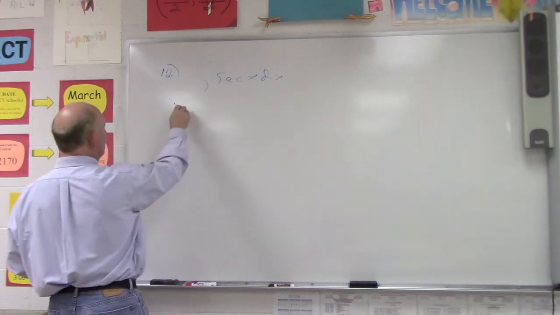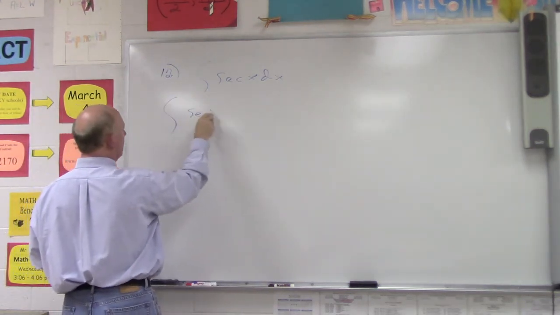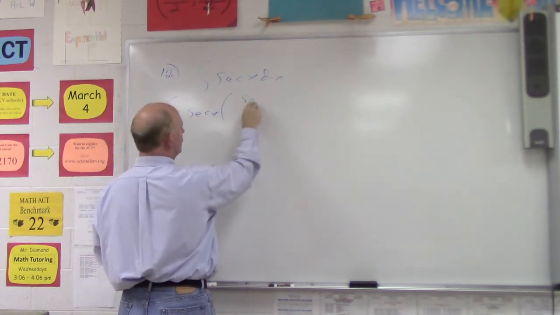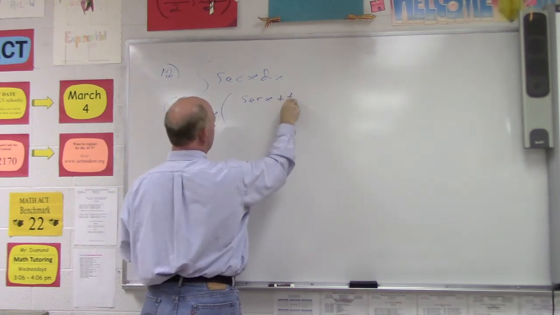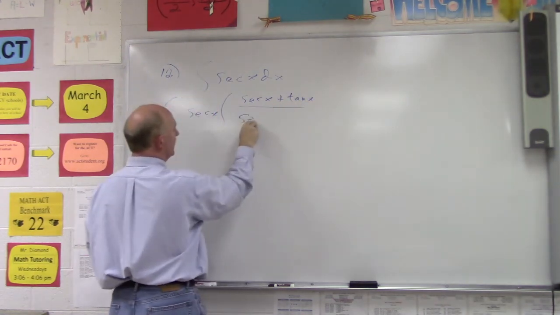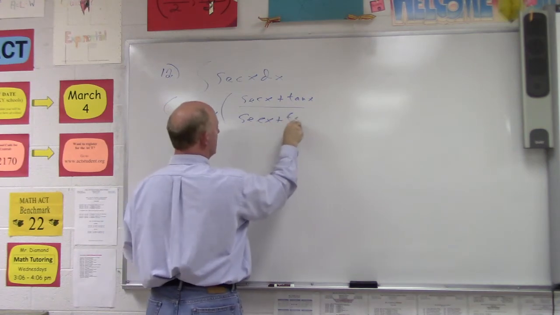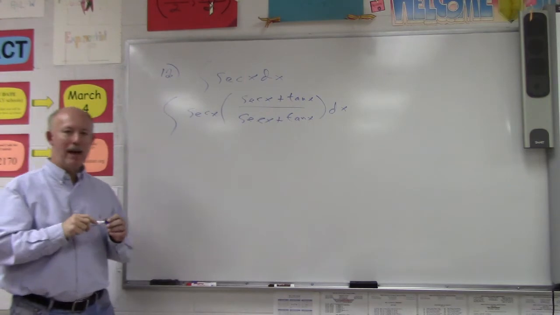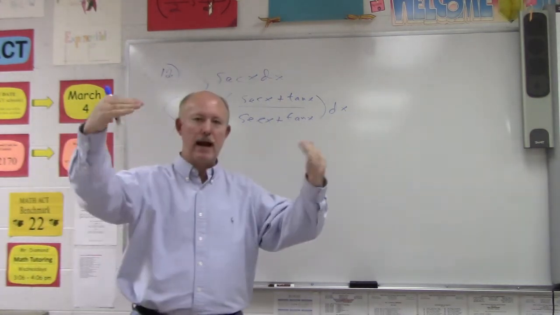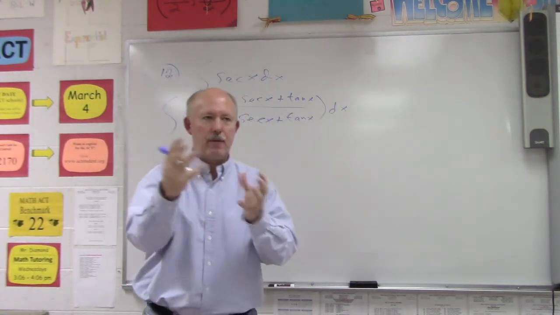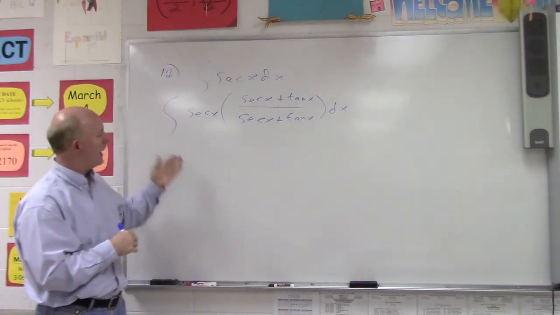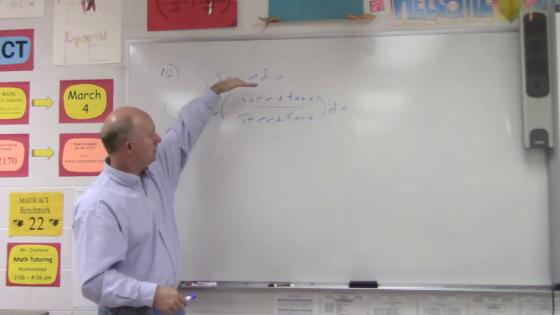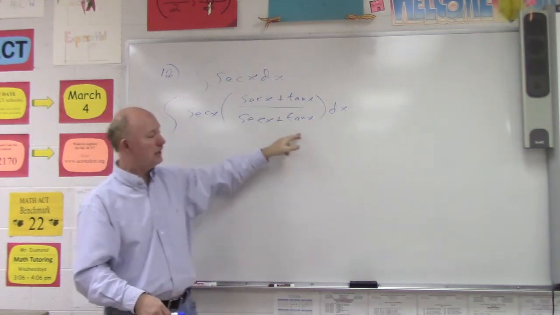I'm going to rewrite this as the integral of secant x times a fraction, secant x plus tangent x divided by secant x plus tangent x, dx. So I'm going to multiply secant x by a fraction. And if I can get that fraction, maybe I can get a natural log relationship. So secant plus tangent divided by secant plus tangent is 1.